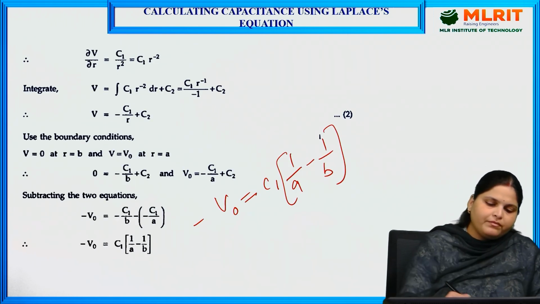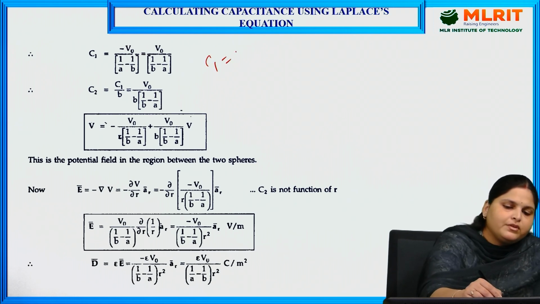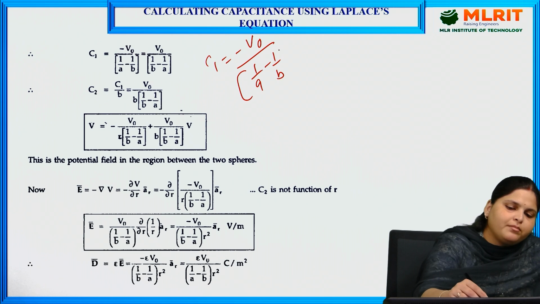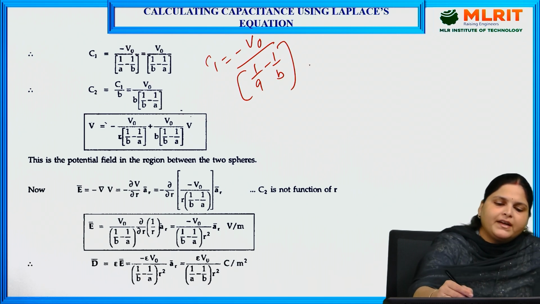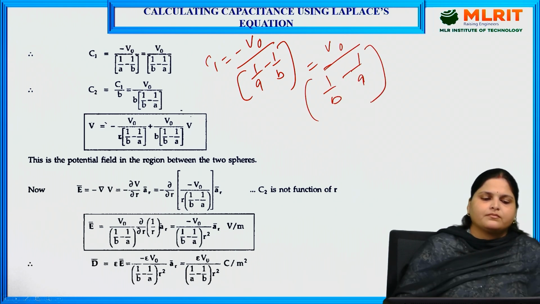From here we can write C1 equals V naught upon (1 upon B minus 1 upon A), swapping the terms to avoid the negative sign.